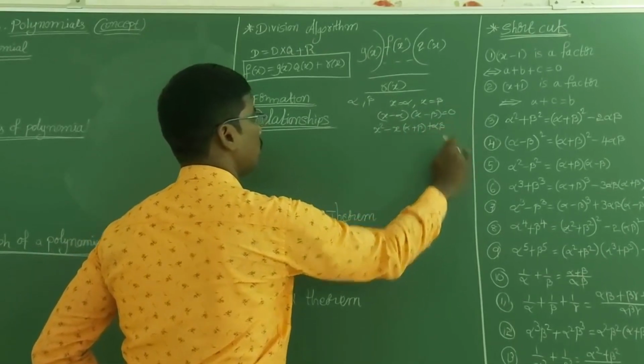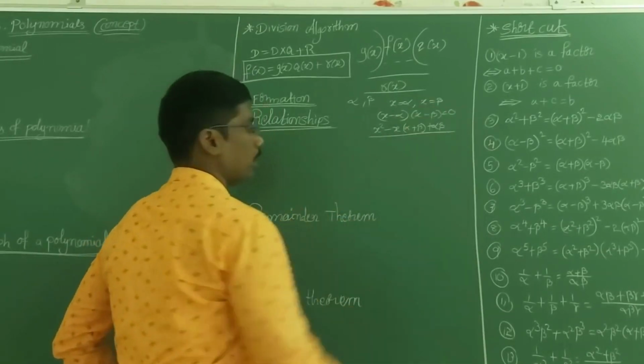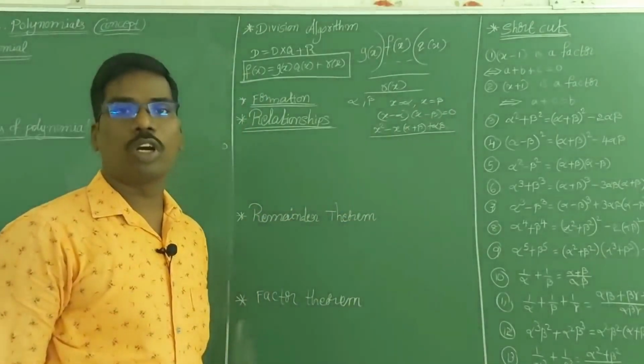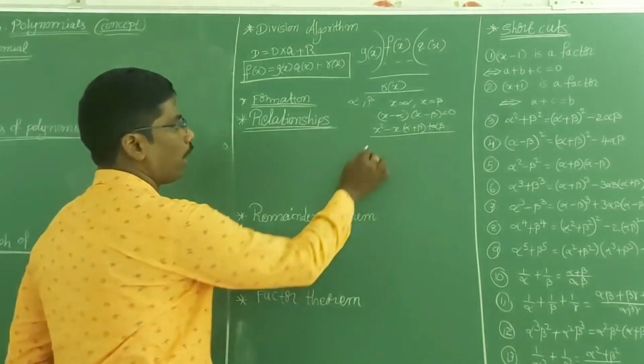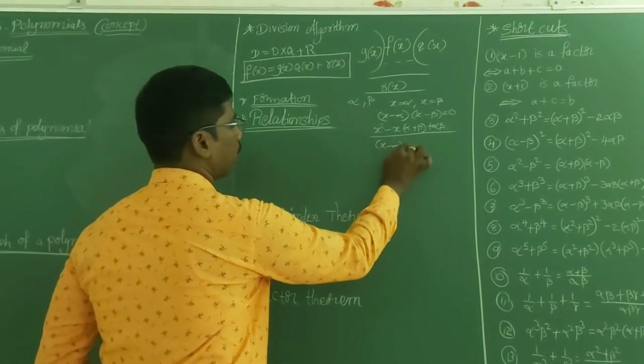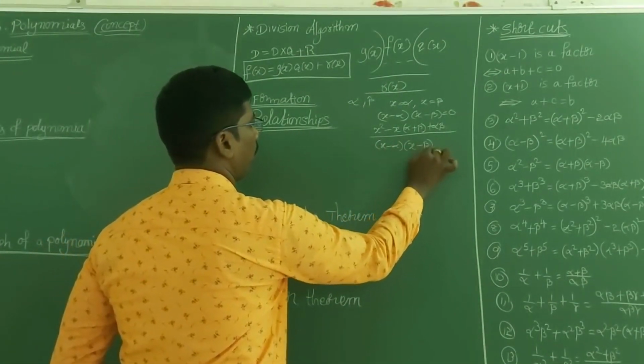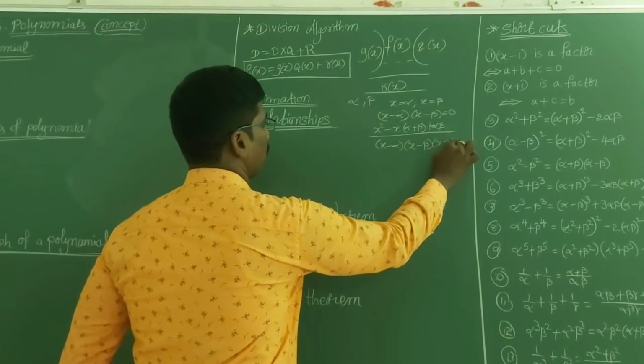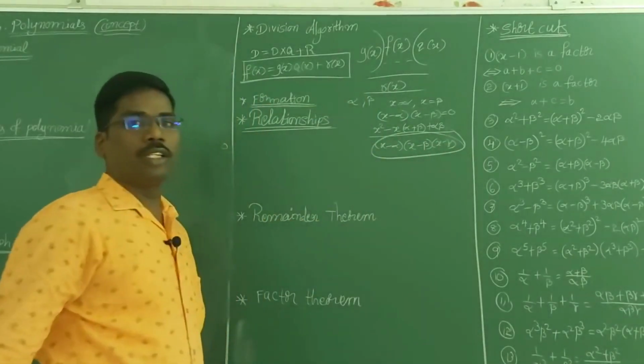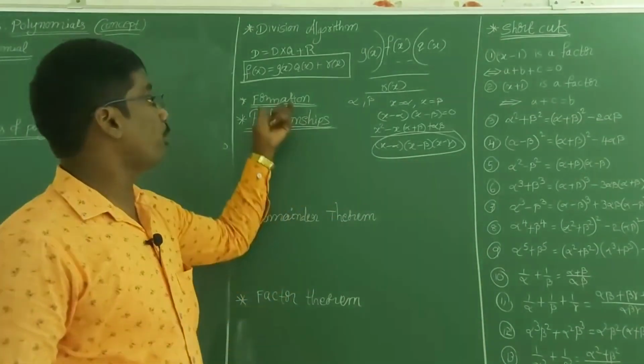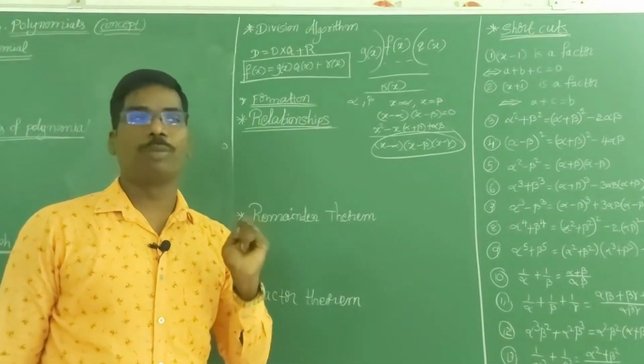Now remove the equal to 0, then you will get the quadratic polynomial. Same like that, x minus alpha into x minus beta into x minus gamma: if you do this product, then you will get the cubic polynomial. That is the formation of the polynomials.